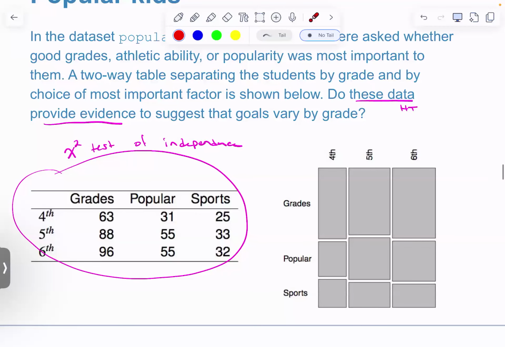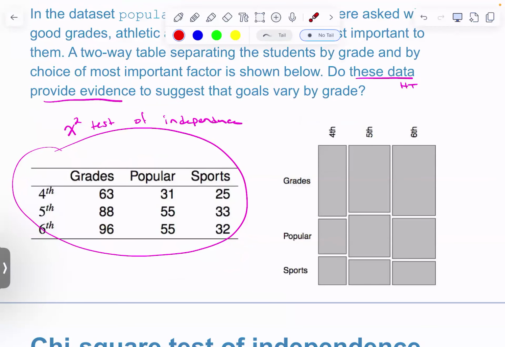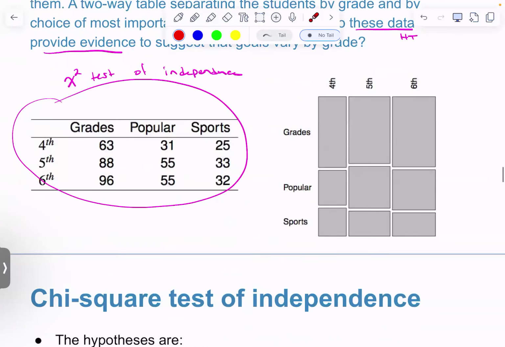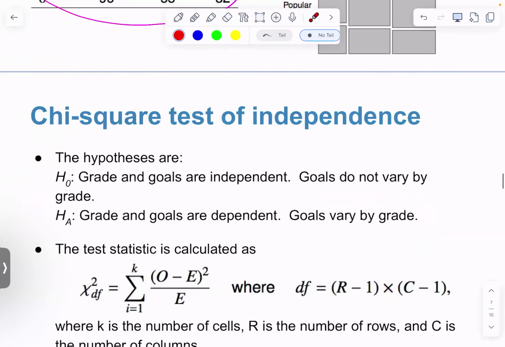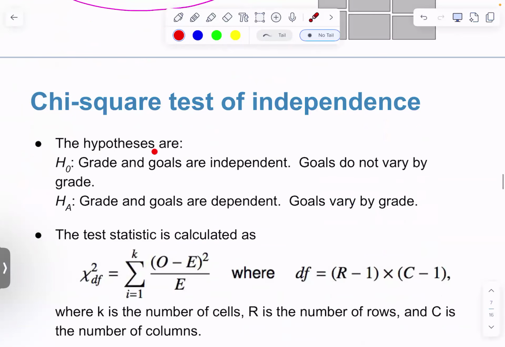Okay, so you can visualize it, but I don't really make you do that. I just make you work with the table.